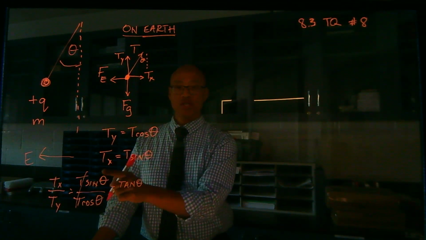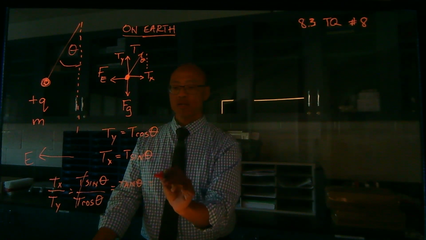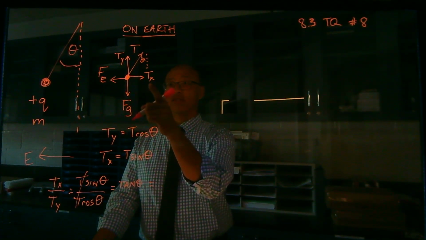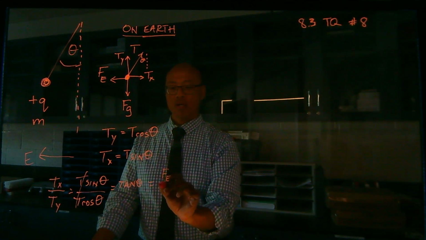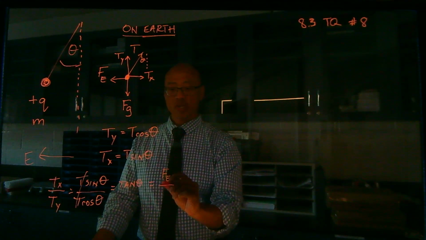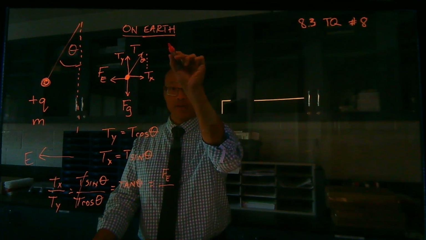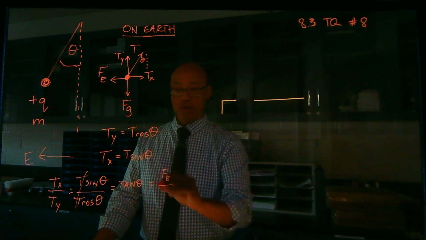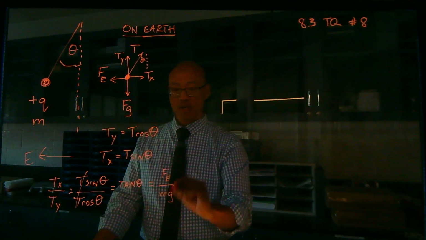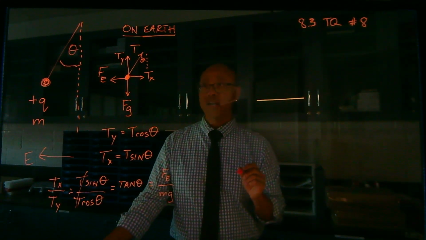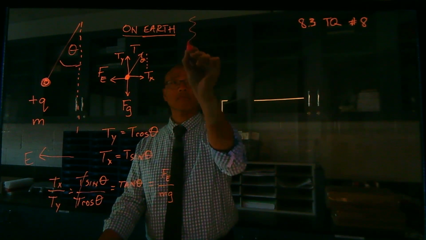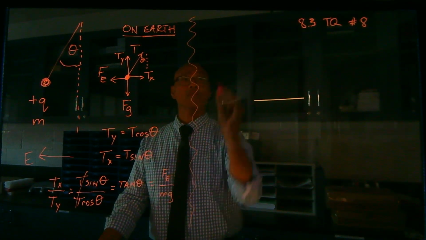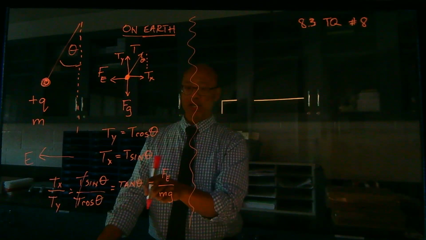But since that's just Tx and Ty, then Tx has to be that electric force, and Fg on Earth is just little m g. So we've got an expression for tan theta equals that.